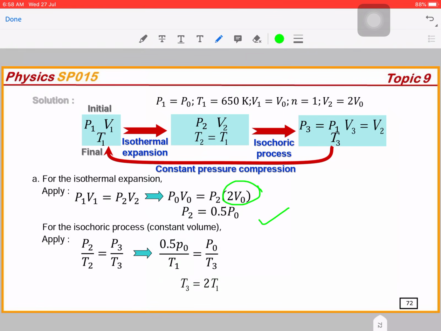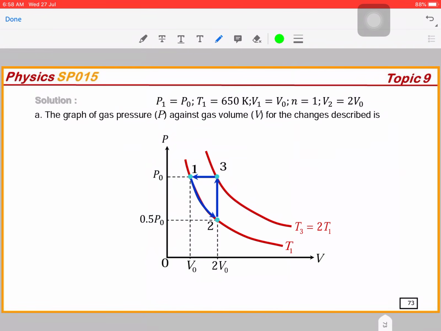For the isochoric process, P2 over T2 is equal to P3 over T3. So 0.5 PO over T1 is equal to PO over T3. So we rearrange, and we get T3 is twice T1. So this is our diagram. From 1 to 2, it is an isothermal process.